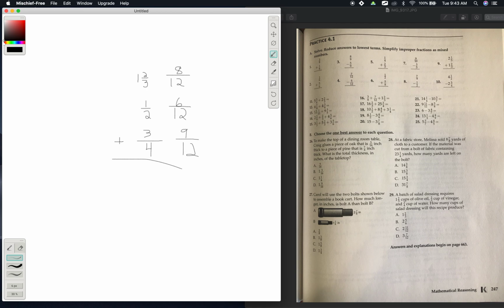So we need to add these. I like to add the higher numbers first. 8 plus 9 is 17. Plus 6, 17, 18, 19, 20, 21, 22, 23. Okay, so 23 over 12.